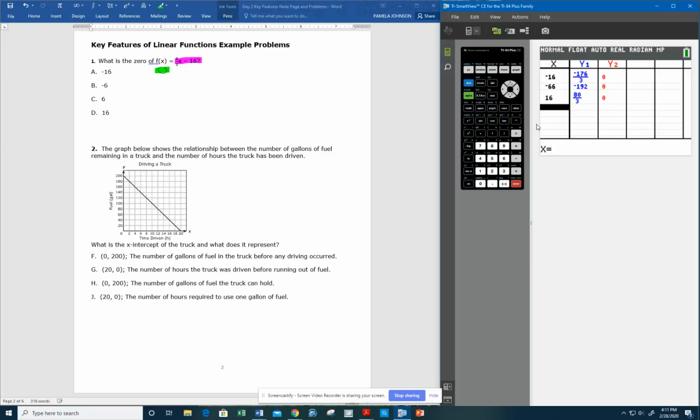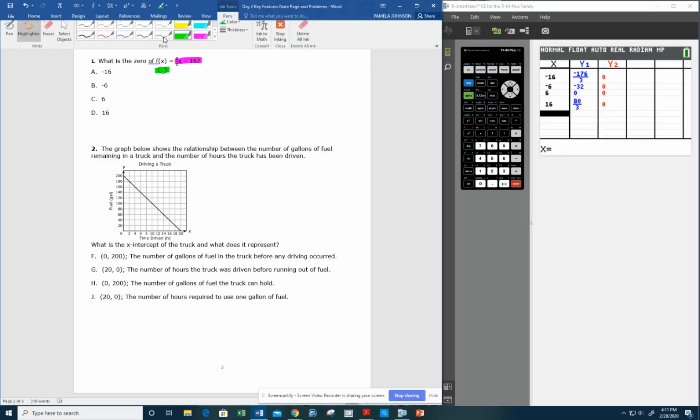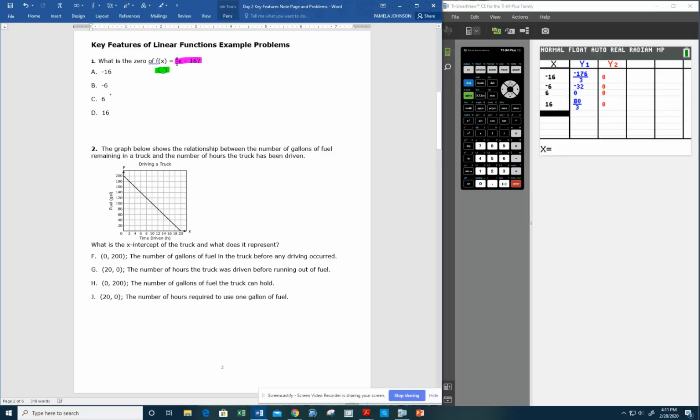And remember, I'm looking for where my y equals 0. So if you notice right here, when my x is 6, both of my y's are 0, and that is our answer. Okay. So this is one that we could put into the calculator in y1 and y2.